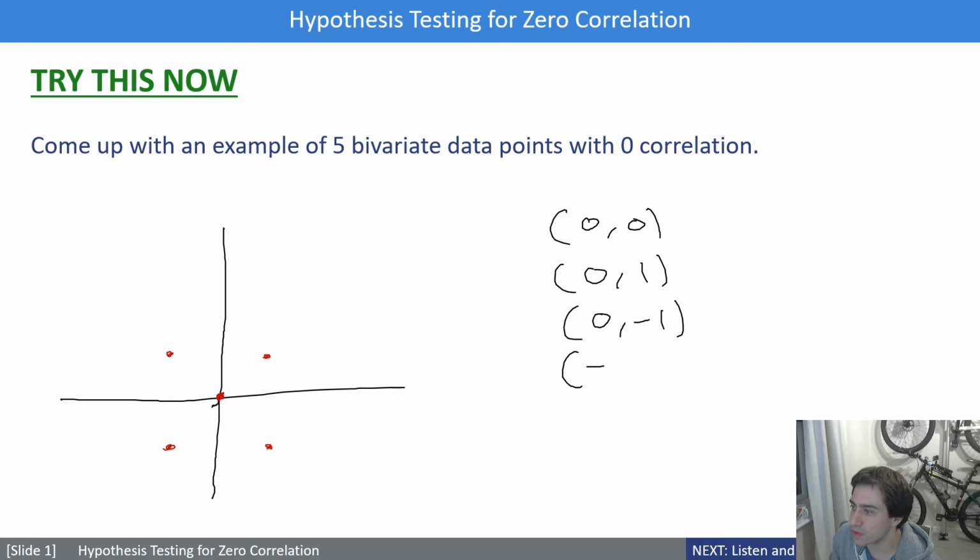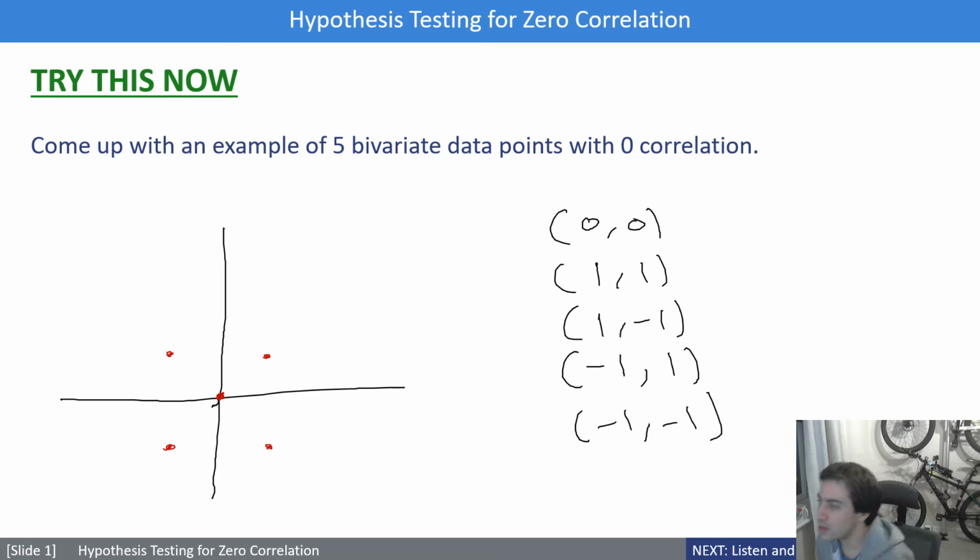Oh, sorry, not quite (0, 1), is it? (1, 1), (1, -1), (-1, 1), and (-1, -1). Okay, that represents those 5 points. I've arbitrarily used 1 in this case, and there's 0 correlation. If you put those 5 in your calculator, it would tell you that the R is 0. PMCC is 0. Cool. If you came up with something else even better than this, then do let me know.